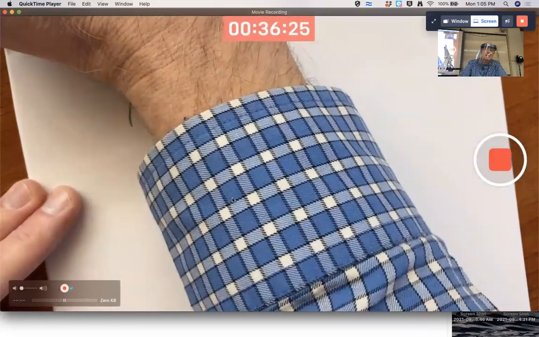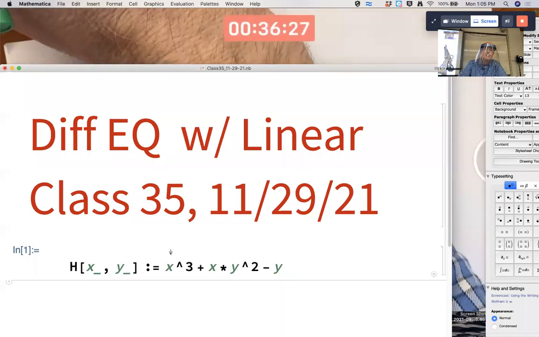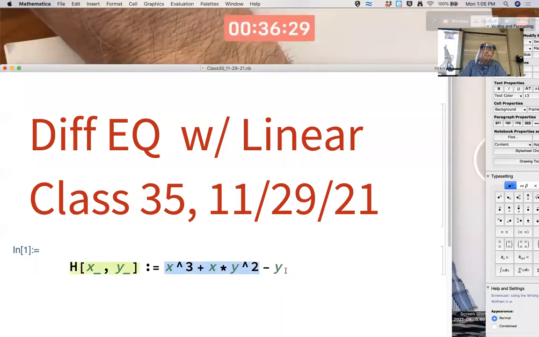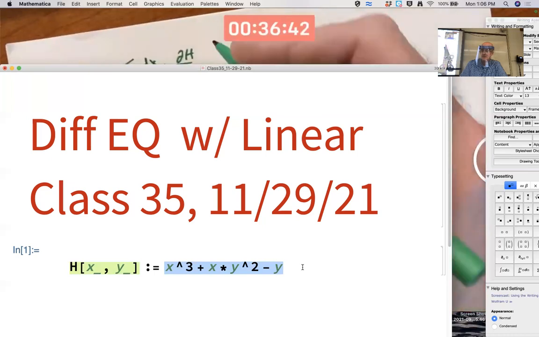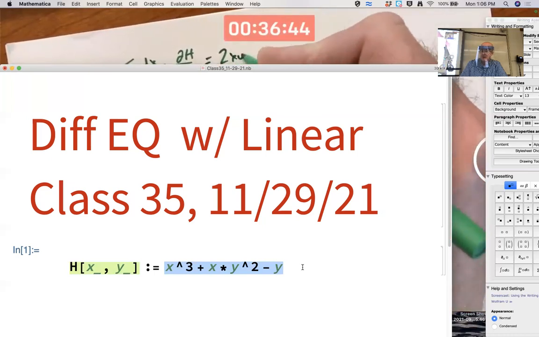What did they give us in this case? Partial derivative with respect to y here, treat the x as constant, is 2xy minus 1. You see that? Treat the x as constant, differentiate with respect to y: 2xy minus 1.